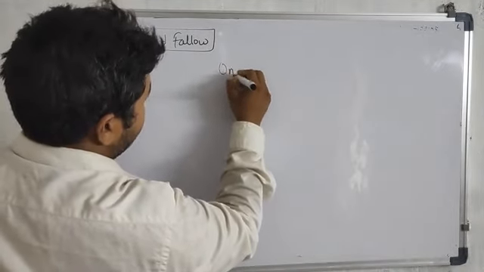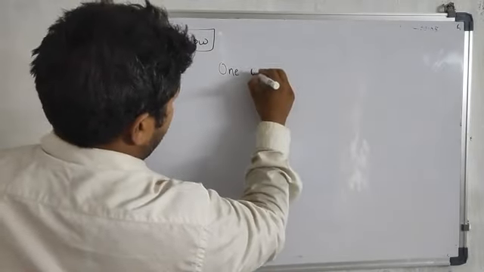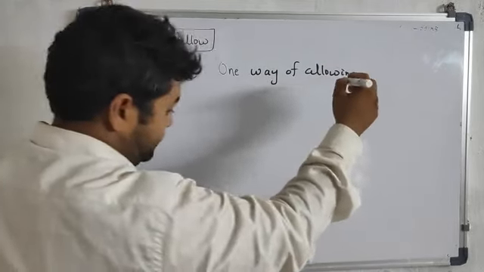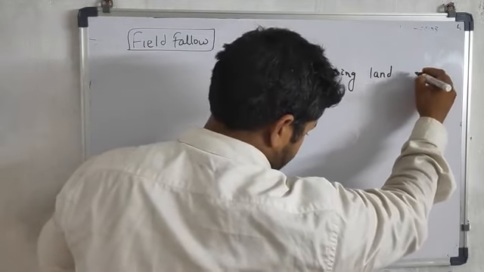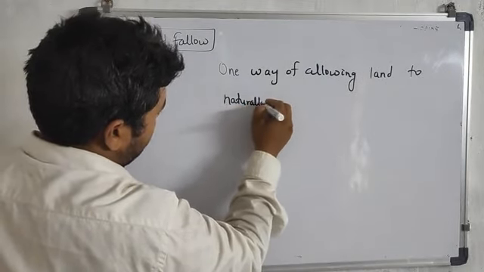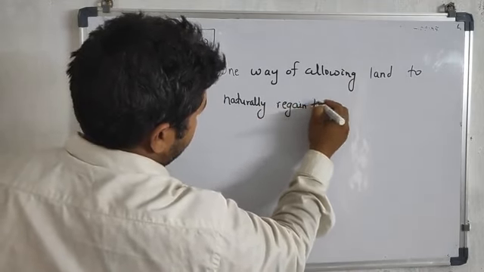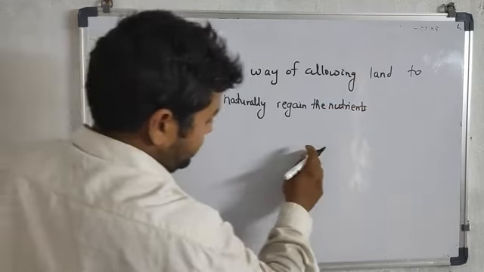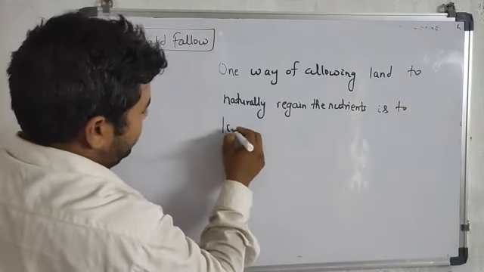One way of allowing land to naturally regain its nutrients is to leave it.